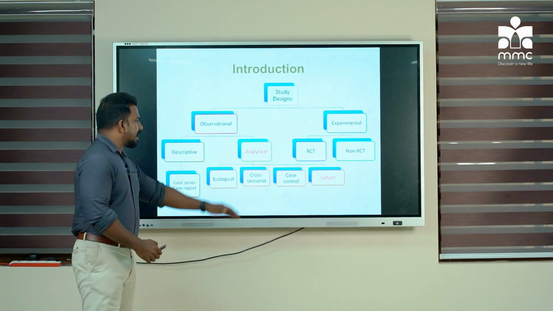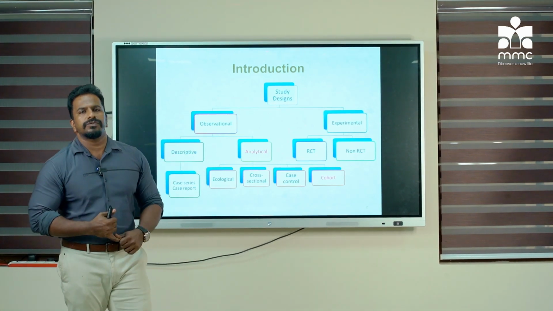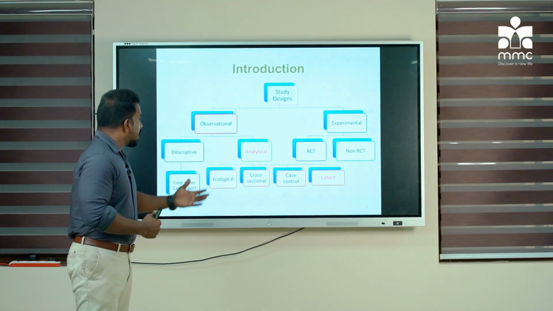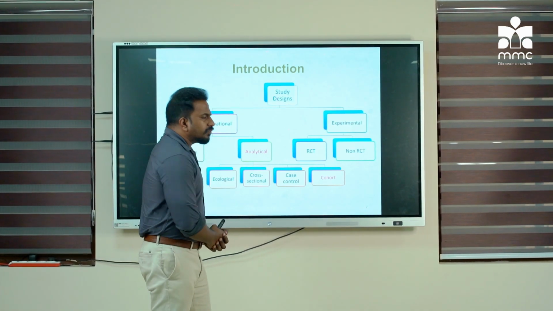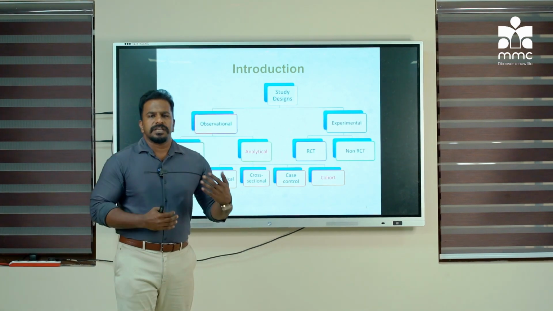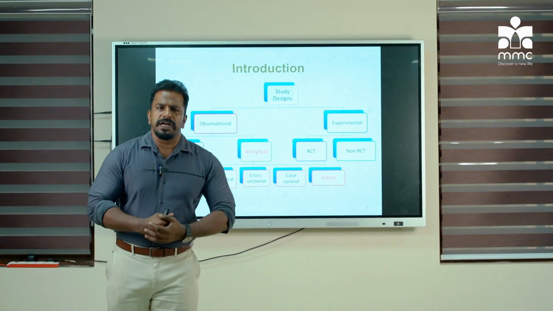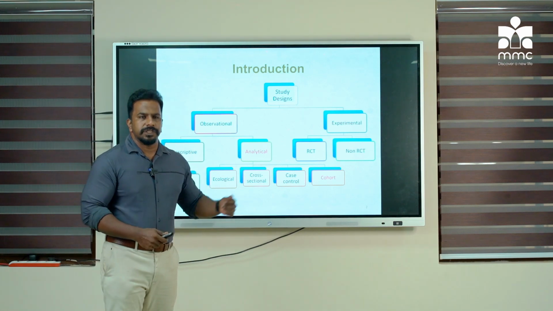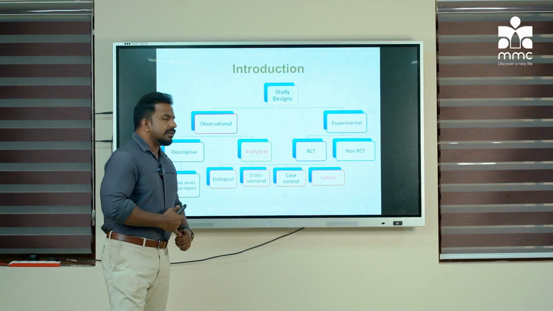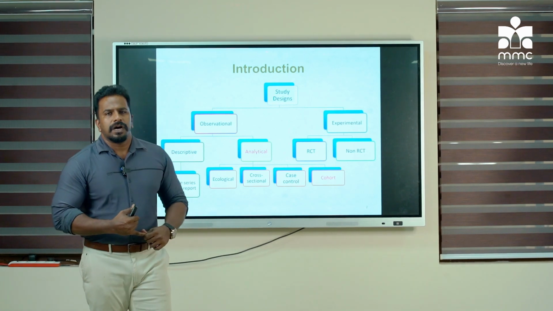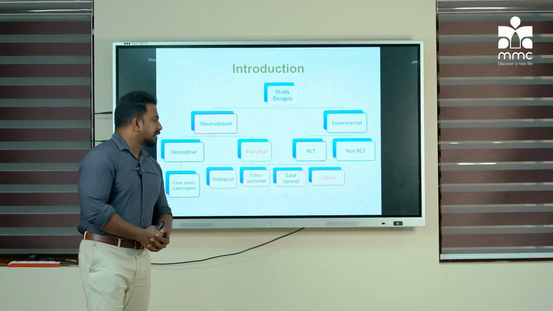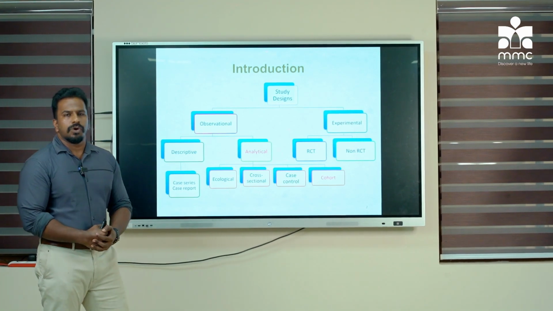Next is analytical. The second part of observational study is analytical, used when we have a comparison group, or if we want to find some association between an exposure and outcome. It is again classified under four headings: ecological, cross-sectional, case control and cohort.